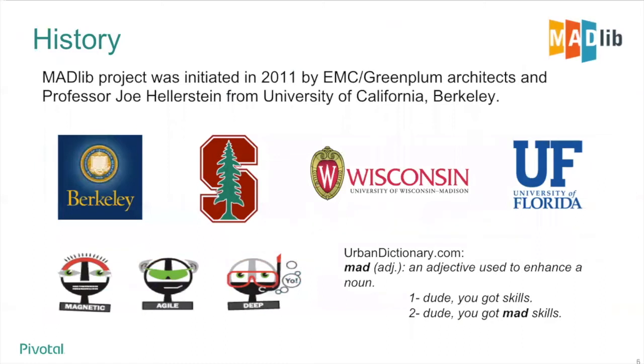The MADlib project started in 2011 by a bunch of EMC Greenplum architects and Professor Joe Hellerstein from the University of California, Berkeley. And since that time, we have also had participation from Stanford University, University of Wisconsin-Madison, University of Florida, and it has really been a great collaboration between industry and academia.